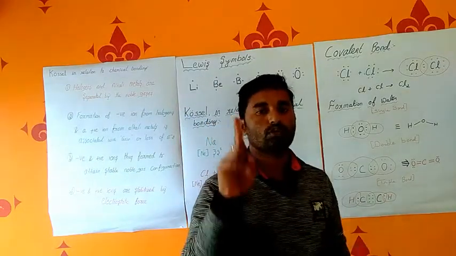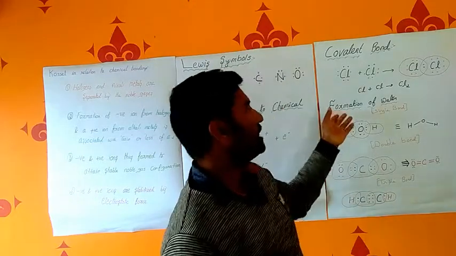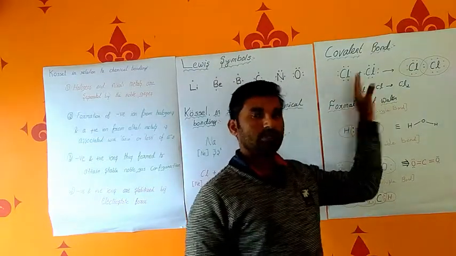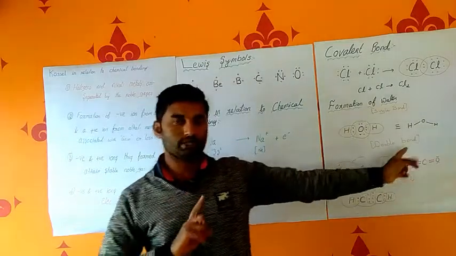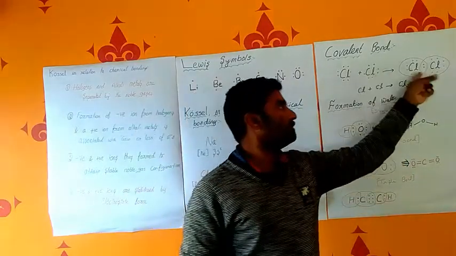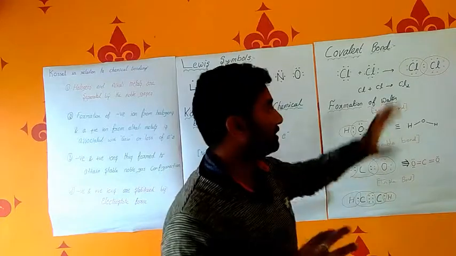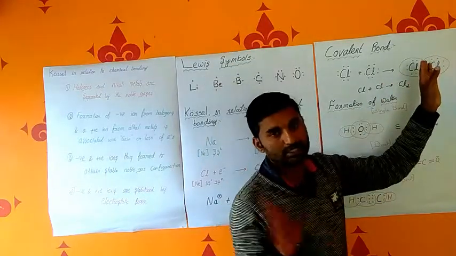So one chlorine will share its one valence electron with another chlorine, and they will make a molecule. Okay, so they will form a molecule that is Cl2.